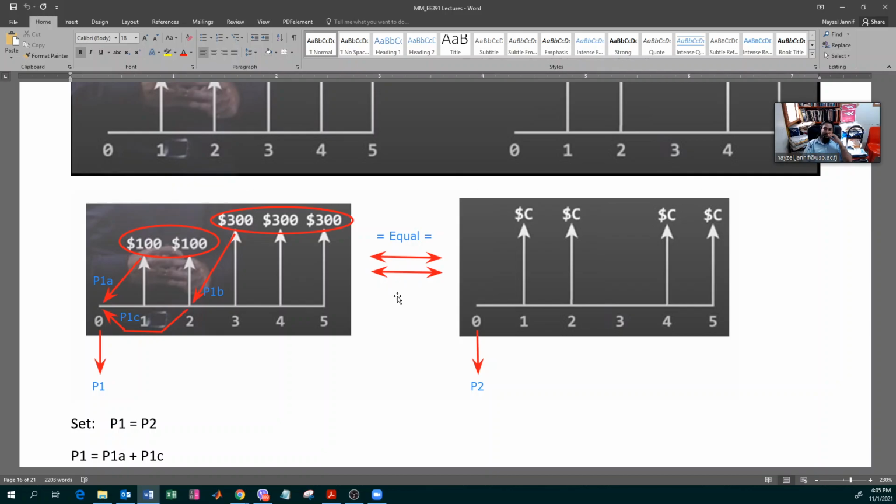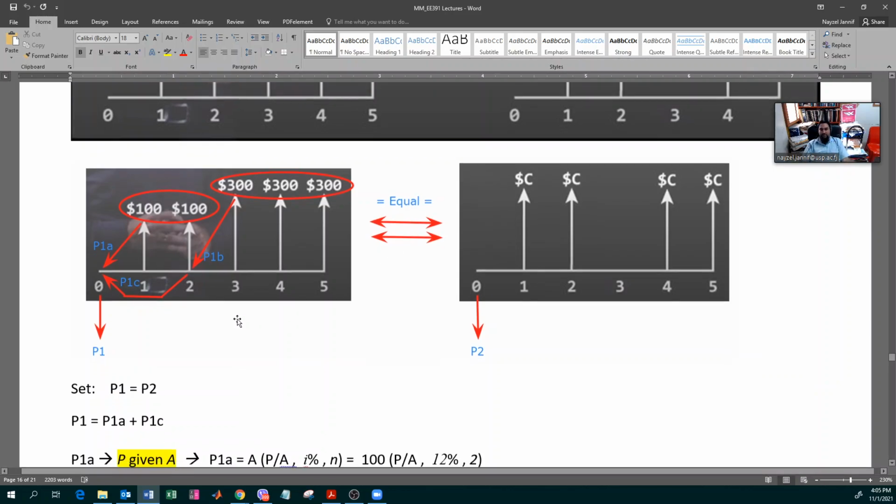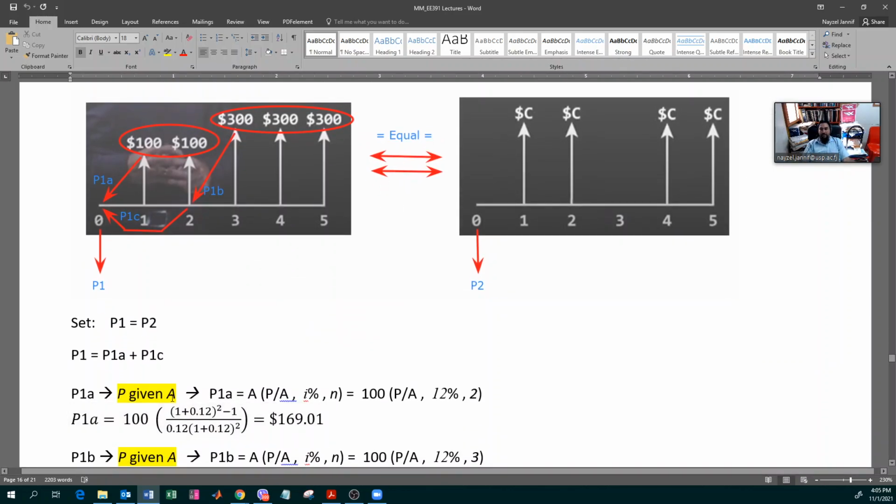The second condition is, when you are converting from P to A, or A to F, or finding F given A, or finding P given A, that the P has to be immediately before the first annuity. So in this scenario, we are trying to find P given A, so that P is over here.